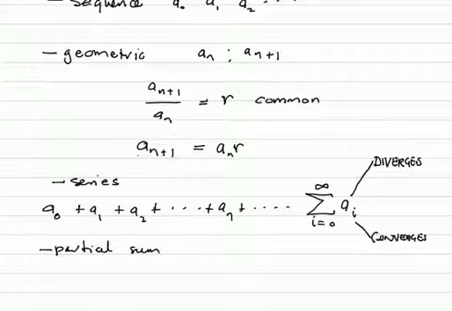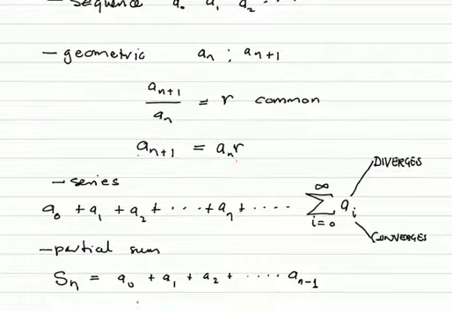A partial sum basically is a sum of, let's say, the first n terms, like Sn equals a0 plus a1 plus a2 plus up to plus an minus 1.